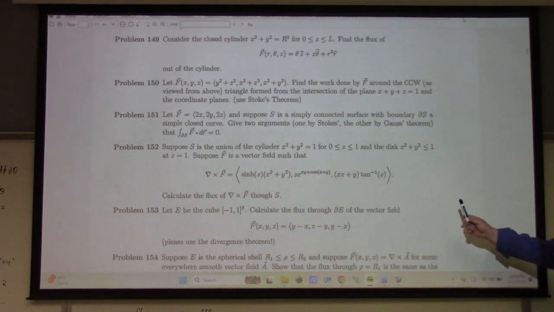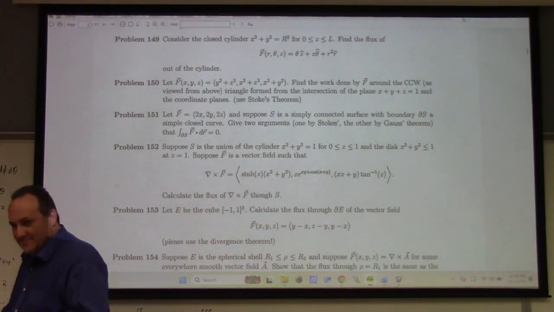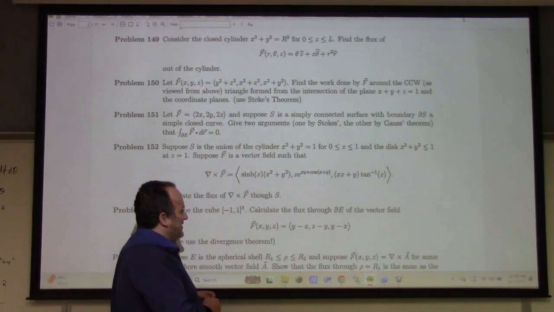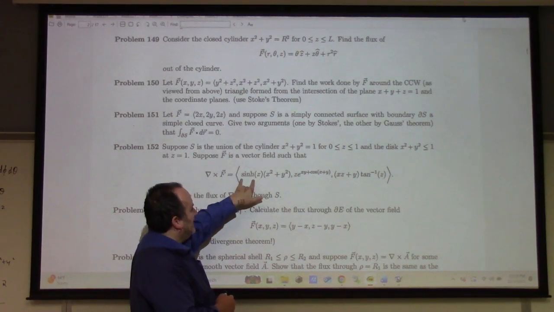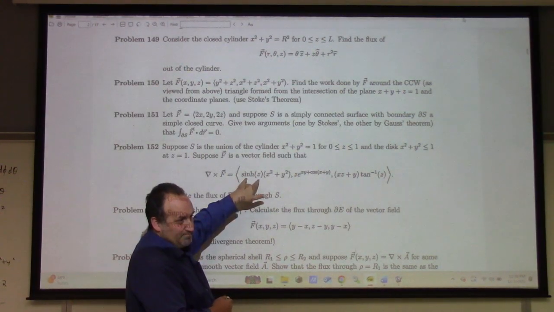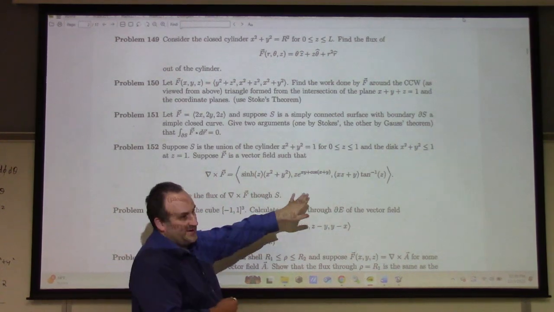Is the divergence of this vector field 0? I don't think so. It would be quite a spectacle for it to be 0. I mean, the x component is 2x times the sinh of z. That's not usually 0. So no, you shouldn't buy what I'm selling here.